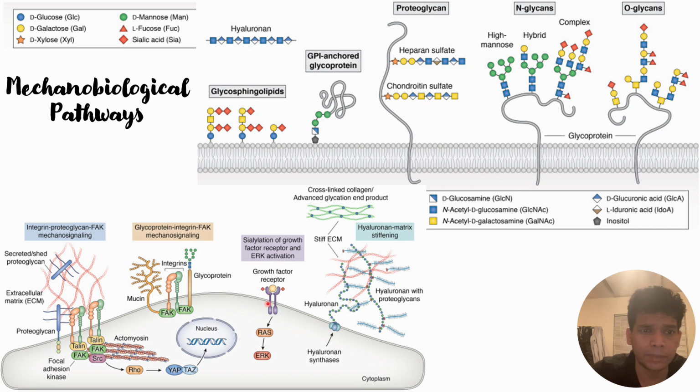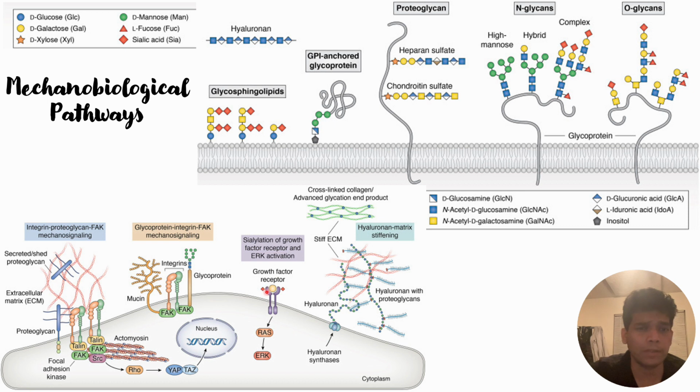The next part is the growth factor receptor. How it works is the sialylation of this growth factor receptor, that we can see here, and thereupon the activation of this growth factor receptor through the binding of an antigen to this receptor can activate the RAS ERK pathway.